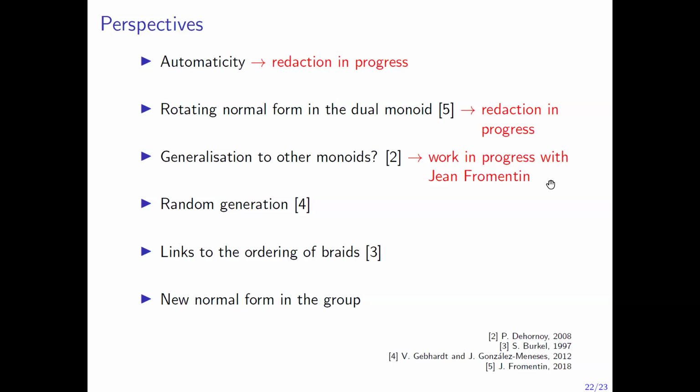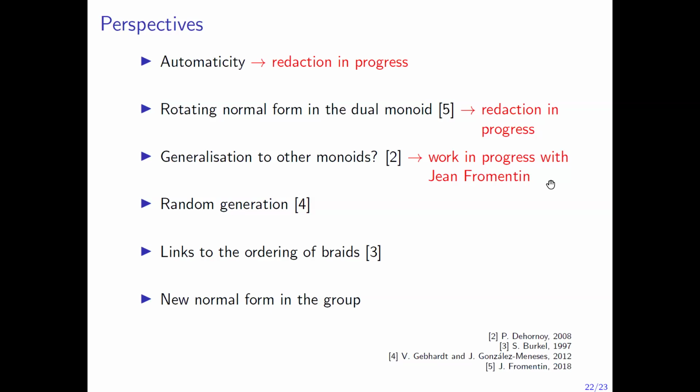This is a naive question, but is there any good reason to choose this alternating normal form? Yes, this is this part here. At first, it was introduced by Patrick Dehornoy some time ago, because there is a canonical way to order braids, which has a very convoluted definition, and it's really hard to see even that it's a total order.